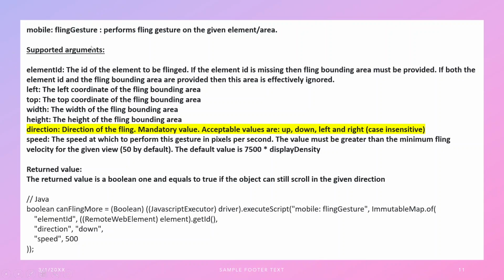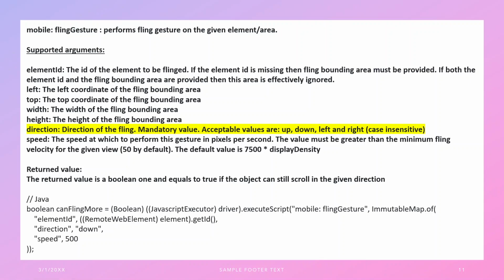So, the supported arguments. The first is elementId, the id of the element to be flung. If the elementId is missing, then the fling bounding area must be provided. Either we need to provide the elementId or the fling bounding area.